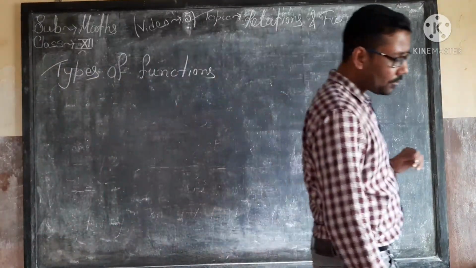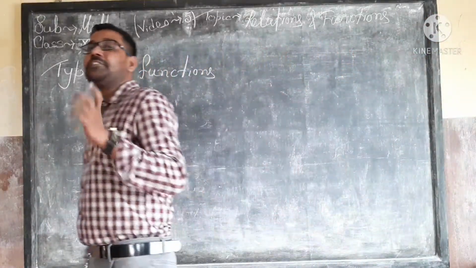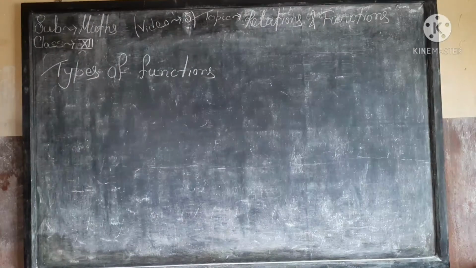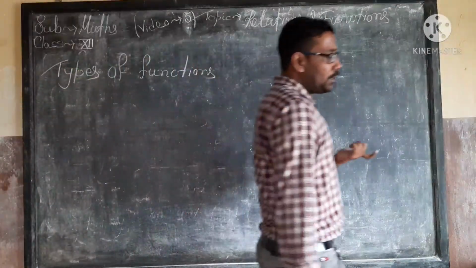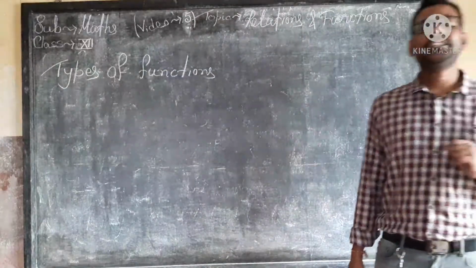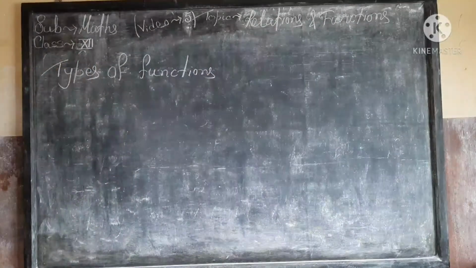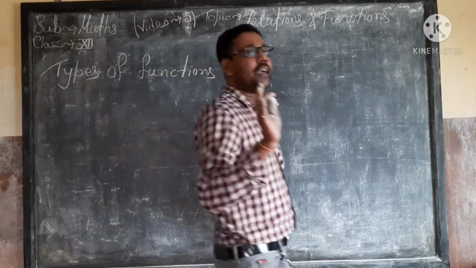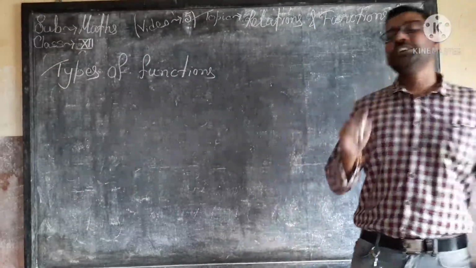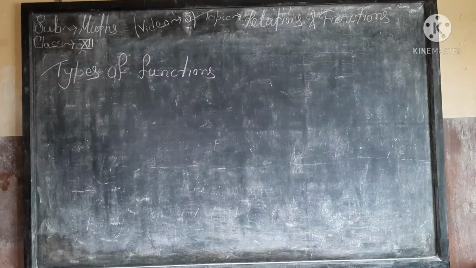Also, if any relation satisfies two conditions, then this relation is called a function. If we consider R as any relation, the first condition is that the domain of R is equal to the first set.